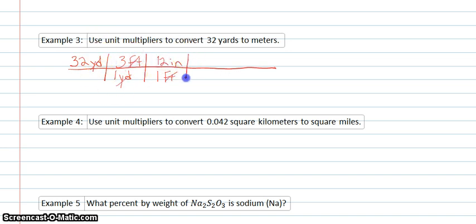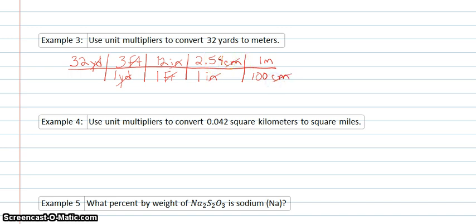And then here is the unit multiplier that takes us from our American standard to metric, which is 2.54 centimeters per inch. So in 1 inch, there's 2.54 centimeters. And then I just need to go to meters, so in 1 meter, there's 100 centimeters.